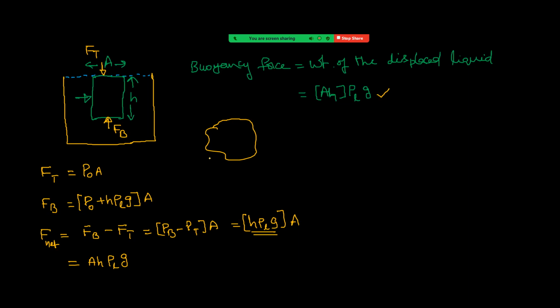The advantage of Archimedes principle is we can find volume of a body. For a regular shape, like a cylinder, volume is pi r square, or cross section area into its height, or a cube. But if you take a body with an irregular shape, we cannot find volume by any formula.